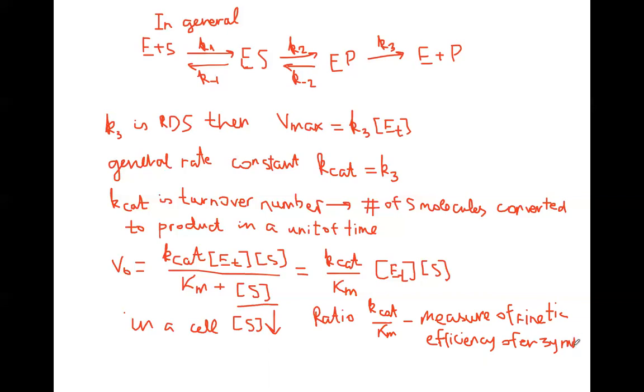And let me give you some numbers. Let's say when Kcat over Km reaches numbers as high as 10 to the 8th to 10 to the 9th.